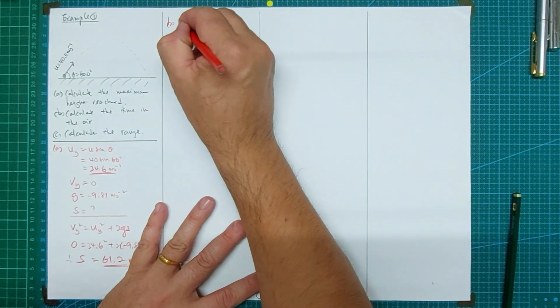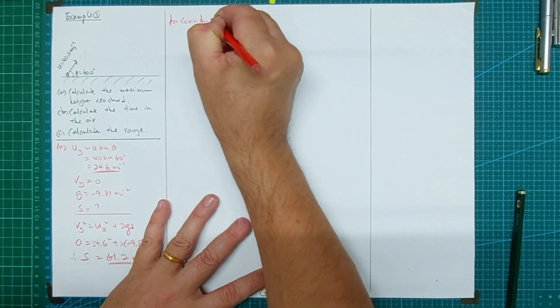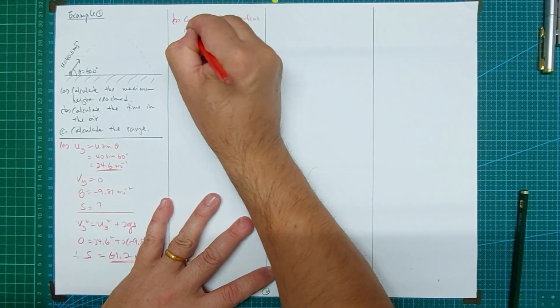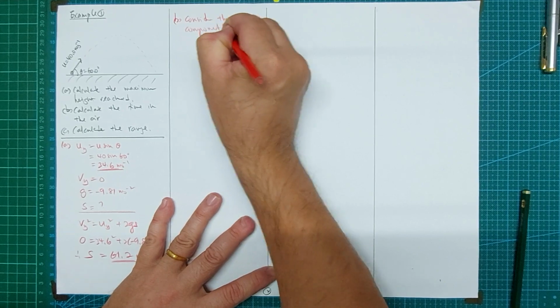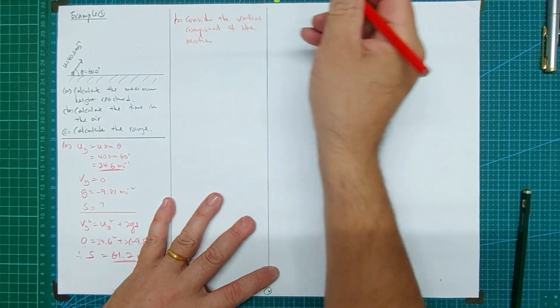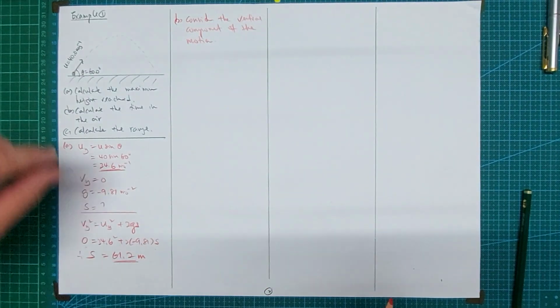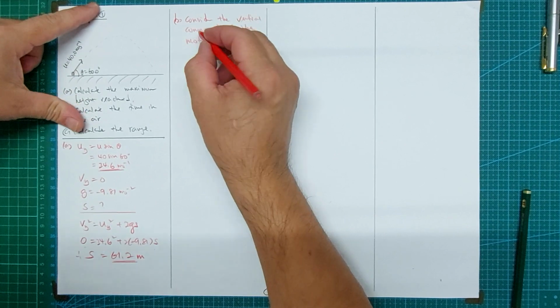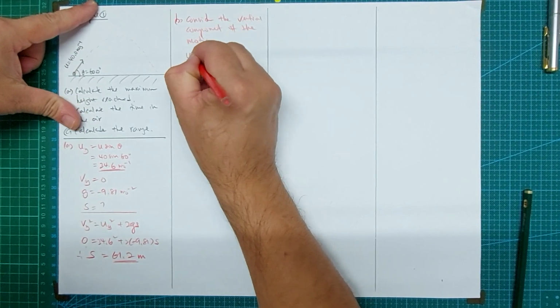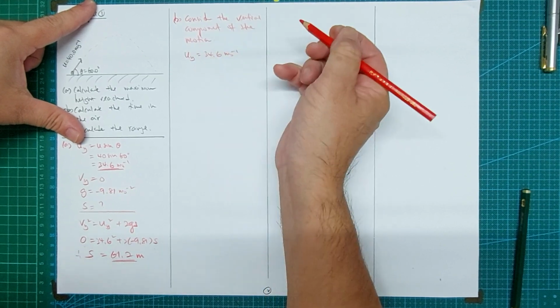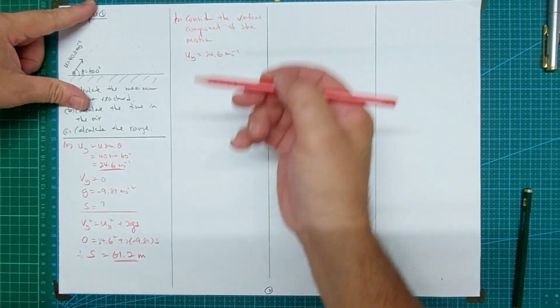So we still consider the vertical component of the motion. Now we have this starting velocity, which is our uy again, 34.6 meter per second, and then we have up and down.